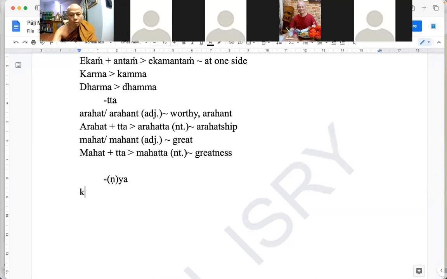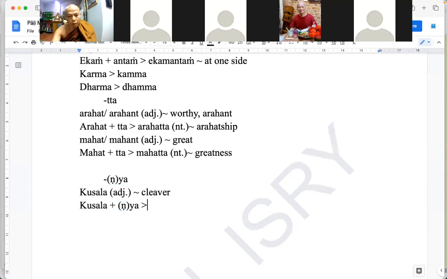For example, you know kusala. Kusala is an adjective meaning clever. Kusala, by adding that suffix, becomes kosalla, and then the la becomes lla. So kosalla means cleverness, skillfulness, a noun now. This marked letter is just an indicatory letter.